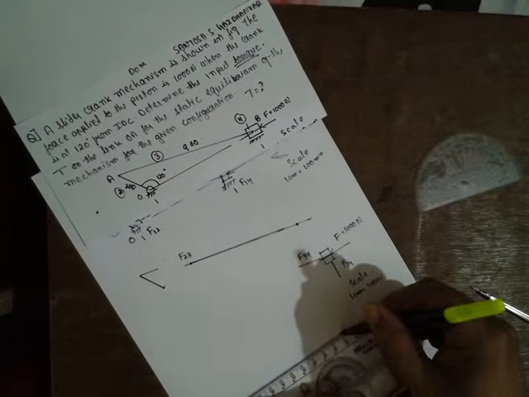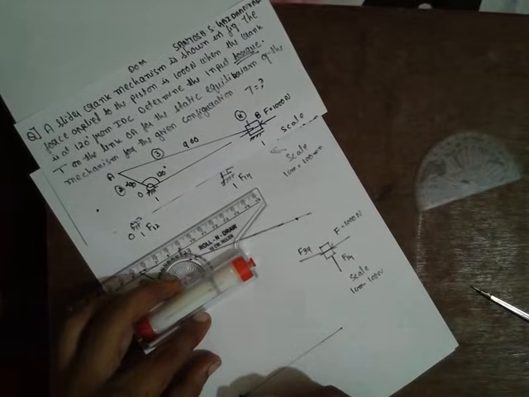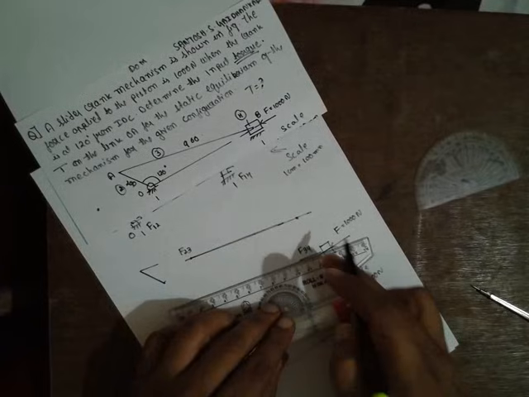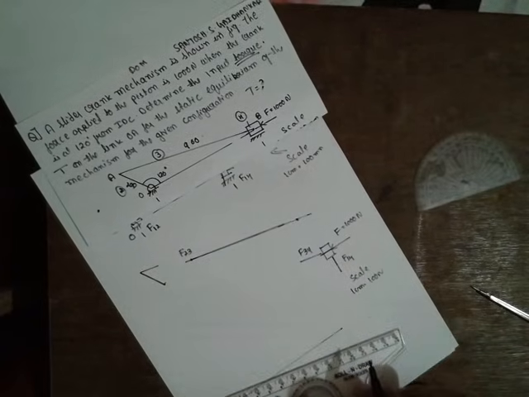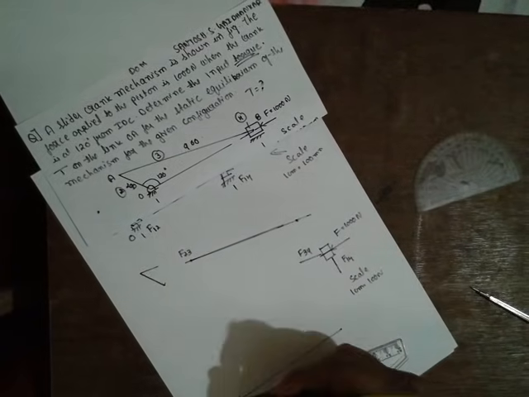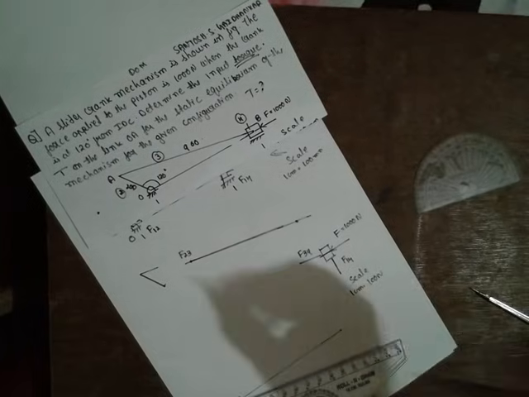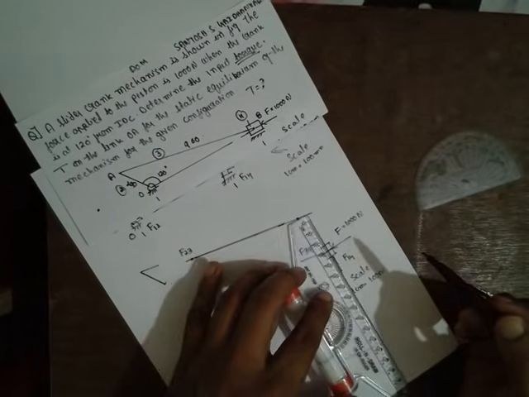Now we know the vector representation here, this direction, and exactly parallel to this F34 force, draw a line from this vector representation this side, and one more last, F14, from this part.